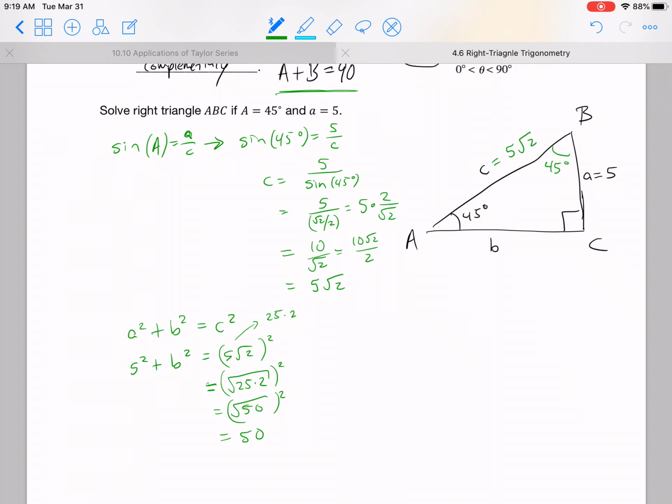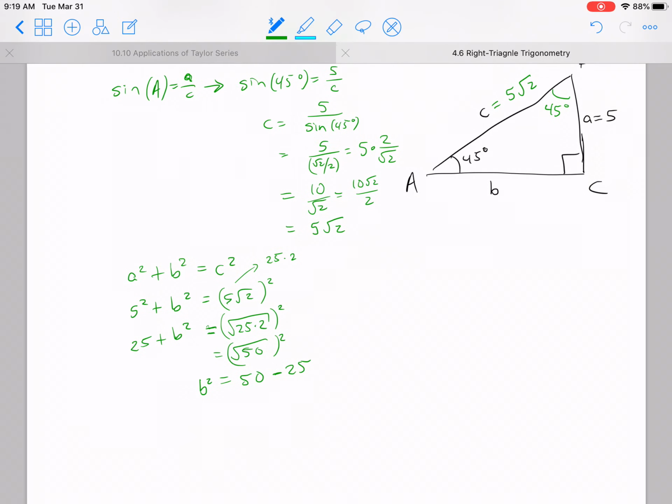But either way you want to think about it. And so then this will be 25 plus b squared, and then that's going to end up giving us b squared equals 50 minus 25, which is b squared equals 25, which is b equals 5. So we now know that b is 5, and we have fully solved this triangle.